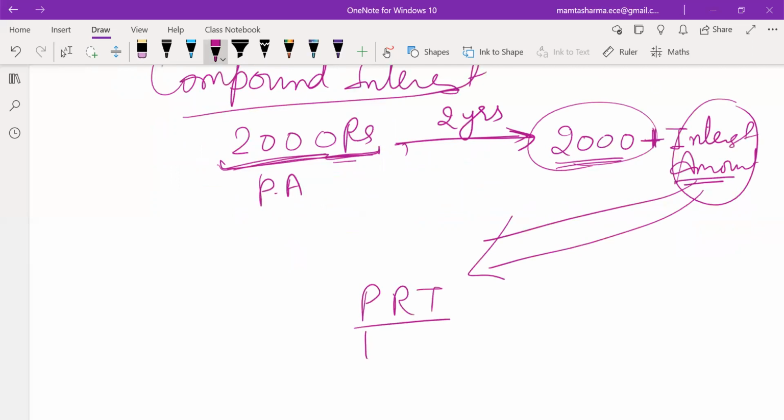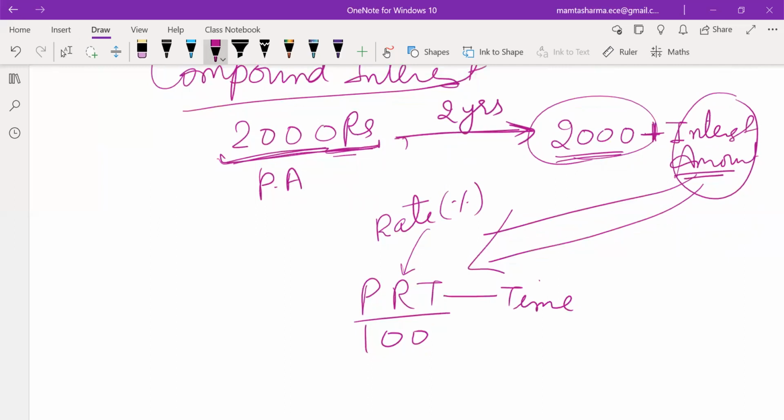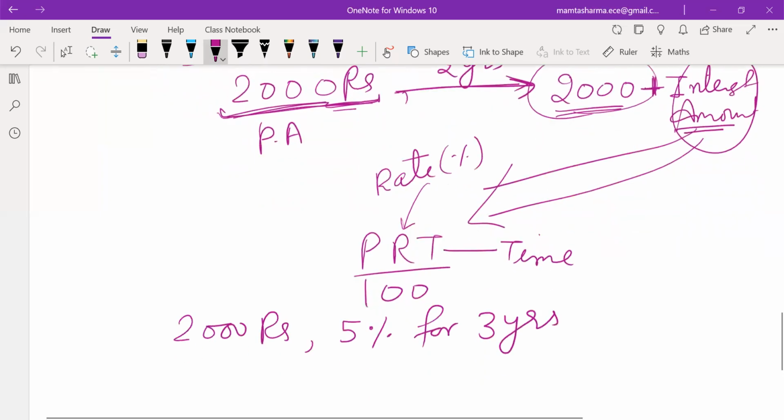And that interest amount can be calculated as PRT divided by 100, where P is the principal amount, R is the interest rate in percentage, T is the time, and 100 is 100. If I say I borrowed 2000 rupees from the bank at an interest rate of 5% for 3 years, find out the interest amount.